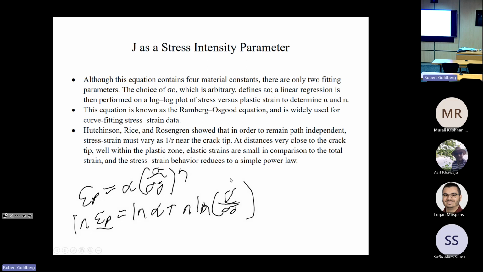Now, adding in some complexity, Hutchinson, Rice, and Rosengren showed that in order to remain path independent, your stress and strain have to vary as a function of 1 over the radius near the crack tip. So at a distance very close to the crack tip, well within the plastic zone, elastic strains are small in comparison to the total strain, and the stress-strain behavior just reduces to the simple power law.